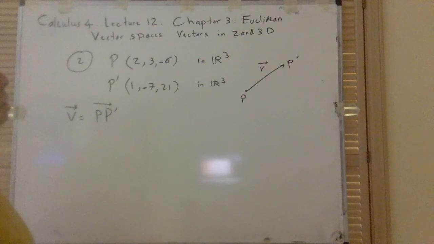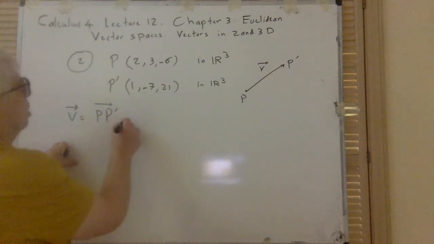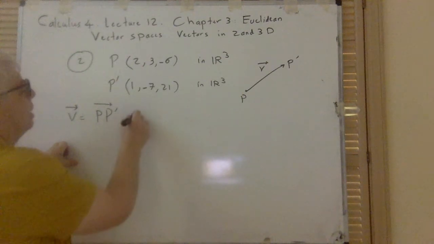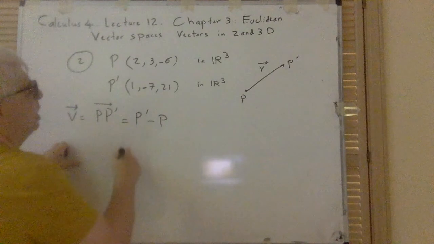When we are in R2 and R3, we can have notations like this, but in R4 and above, we cannot really visualize anything. We can still say this point P prime, and so on.